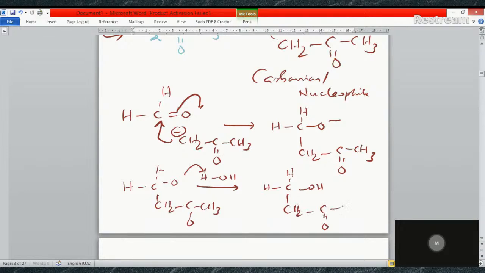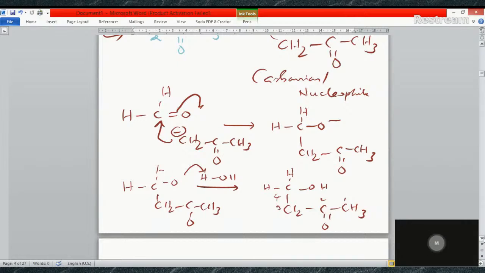CH2C double bond OCH3. Count and find the number of carbon atoms in the longest linear chain. 1, 2, 3, 4. Four are there in the linear chain.